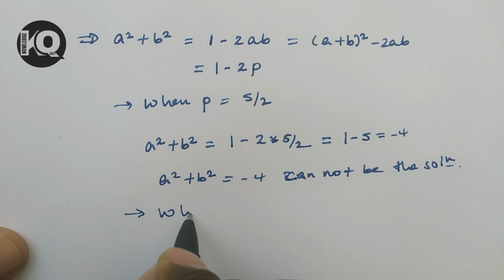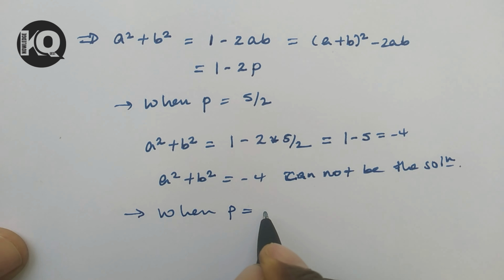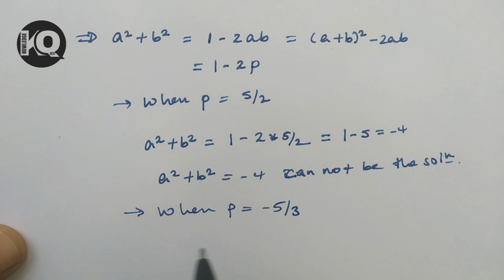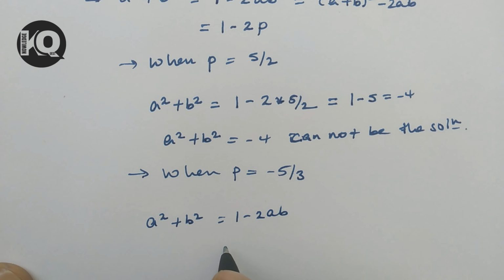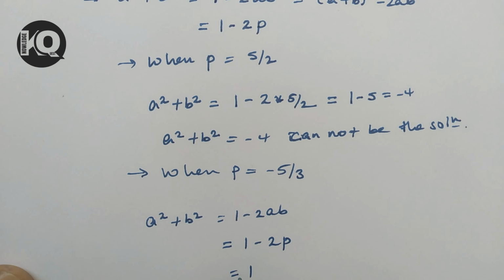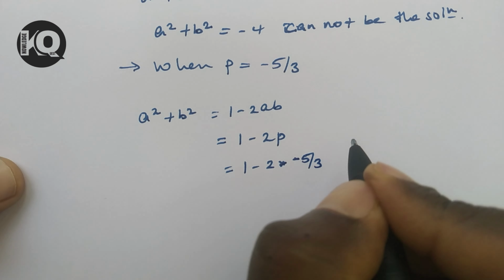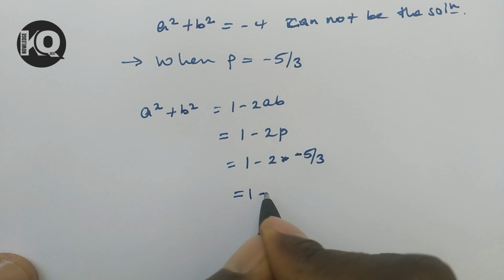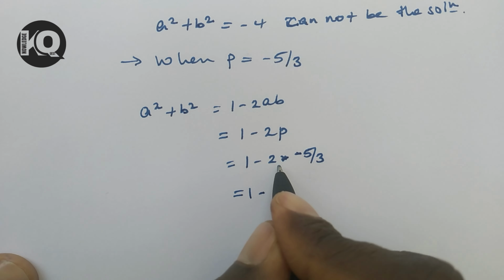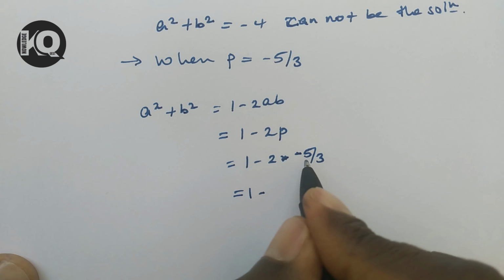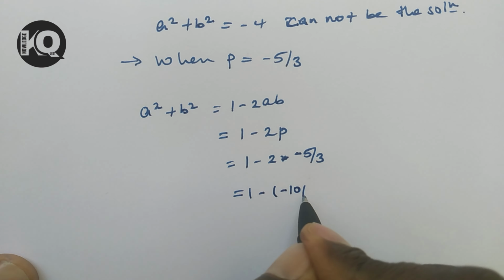That's when p is equal to minus 5 over 3. So we have a squared plus b squared, which is equal to 1 minus 2 times ab, which is equivalent to 1 minus 2 times p. So we know the value of p, so let's substitute the value of p into this equation, minus 5 over 3. So this will be 1 minus, that's minus 2 times minus 5, that's minus 10, divided by 3.